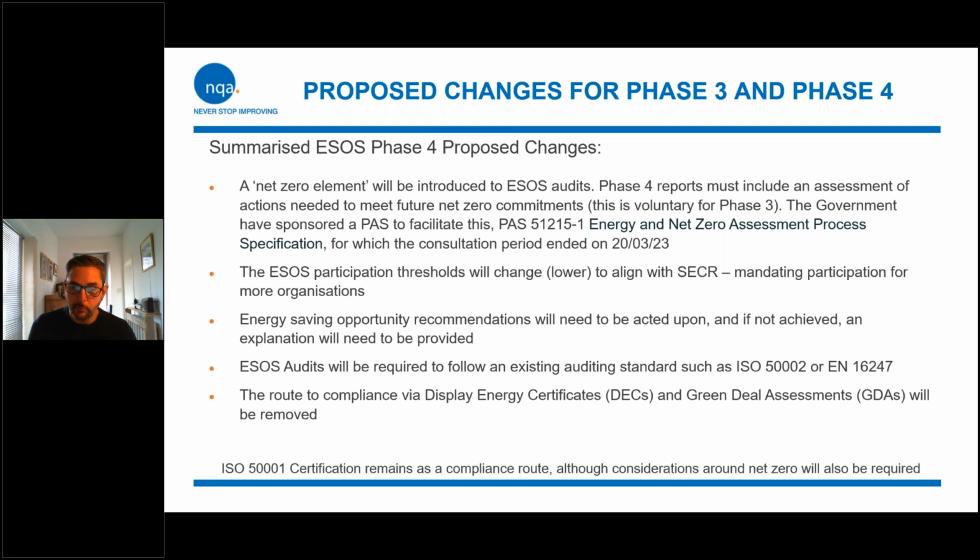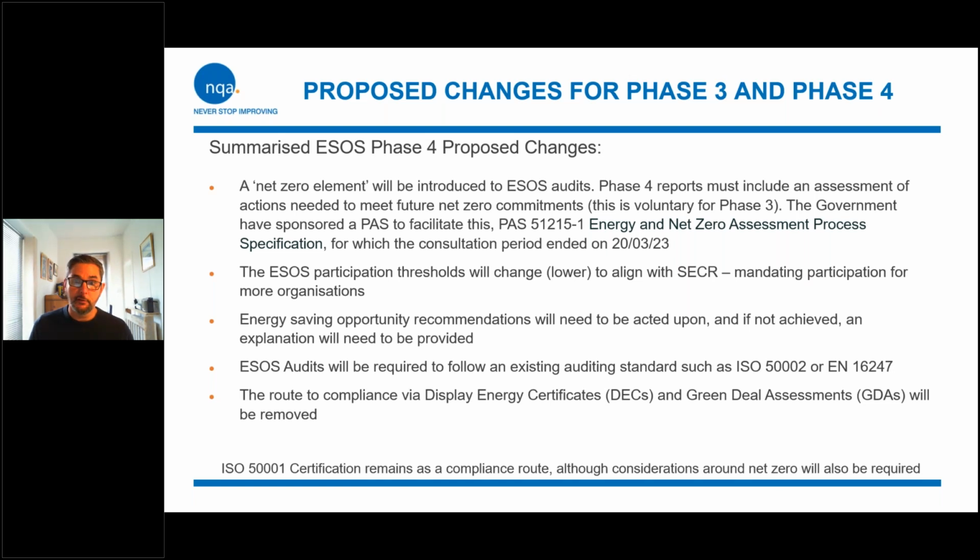ESOS audits will be required to follow an existing audit standard. So ISO 50002 tells us how to do an energy audit, as does a standard called EN 16247. And another important change is that the previous route to compliance via display energy certificates and green deal assessments, those will be removed for phase 4.